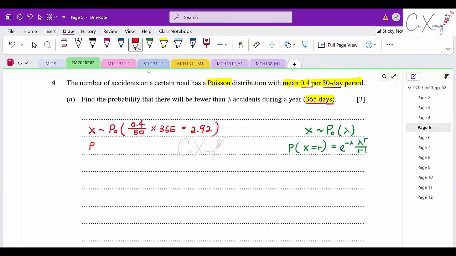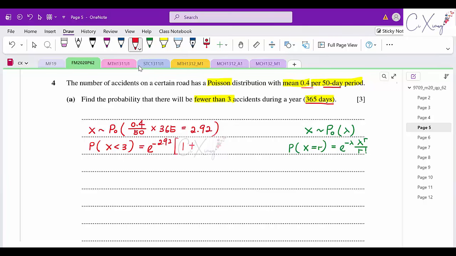And they want you to calculate the probability for x smaller than 3. Fewer than 3 accidents. Fewer, so not including the 3. So when we are having x smaller than 3, that means we have to get the probability for x equals 0, x equals 1, and also x equals 2. When x equals 0, I'm having e negative lambda, then lambda power 0 divided by 0 factorial will give you a 1.